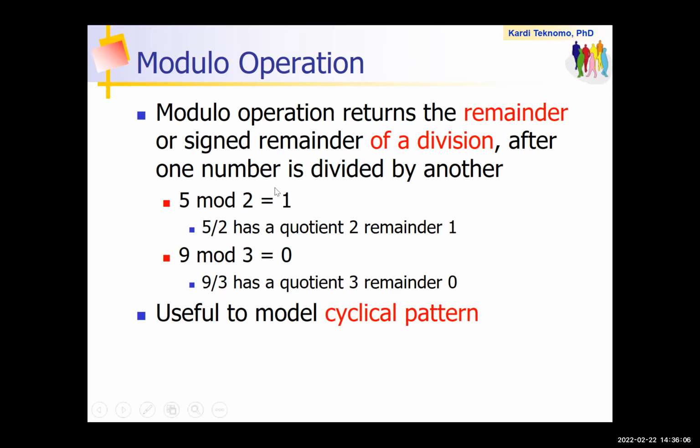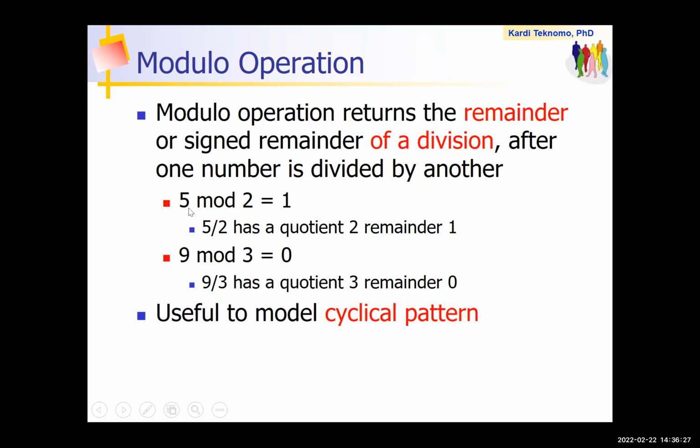For example, 5 divided by 2, the quotient is 2, with remainder 1. So we say 5 mod 2 is 1. The same thing with 9 divided by 3, the quotient is 3, the remainder is 0.